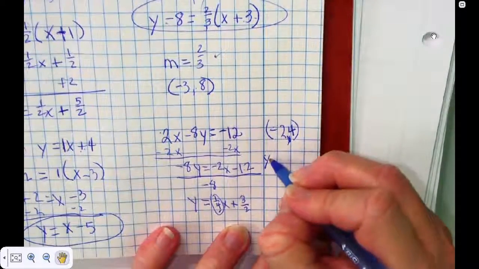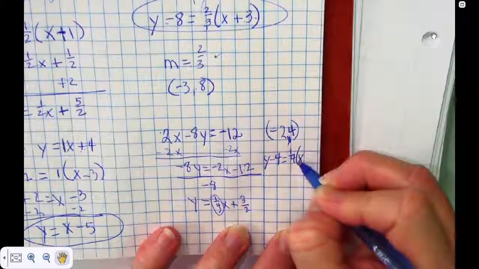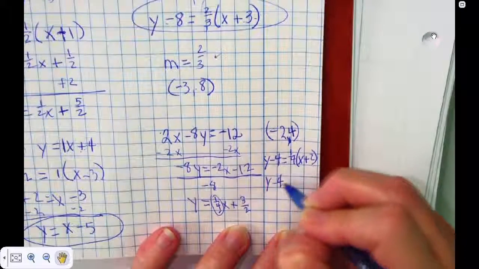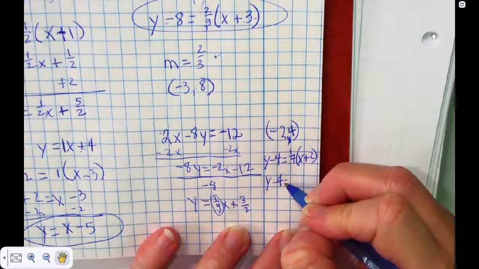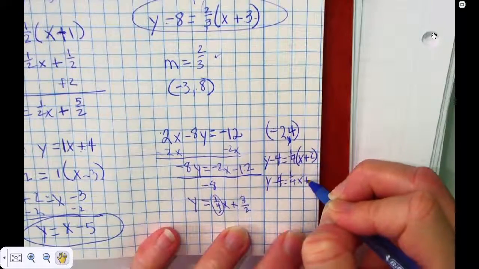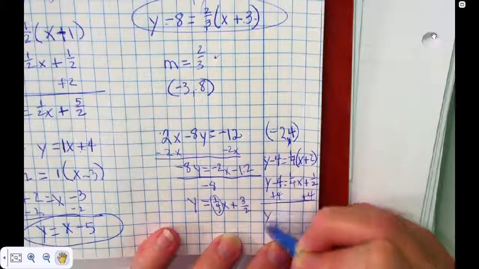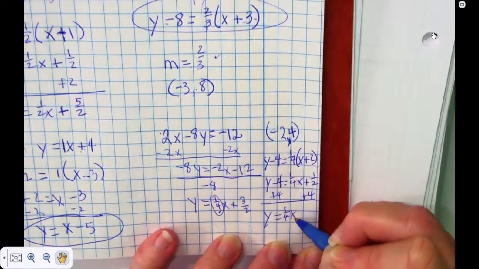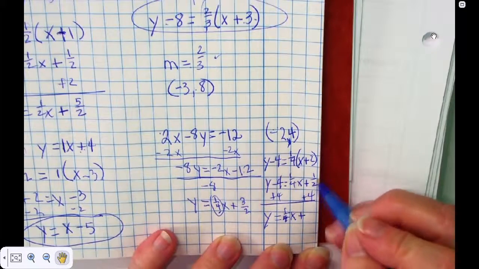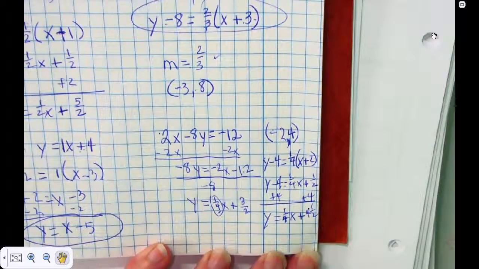Y minus 4 equals 1/4 x plus 2. Y minus 4 equals 1/4 x plus a half. Good. Add 4. Y equals 1/4 x plus what? 4.5. You could say 4.5 or 9/2 is good.